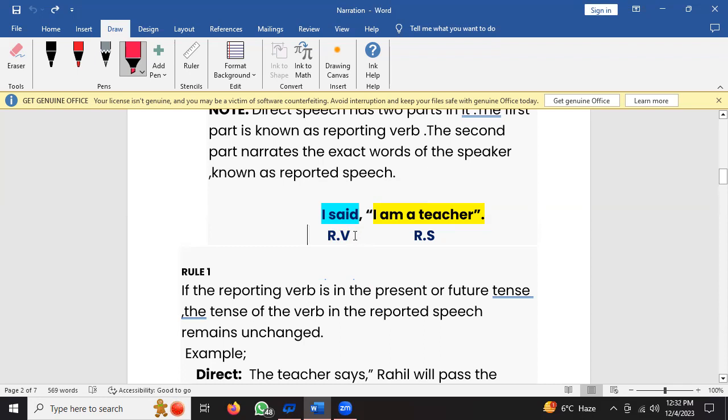Now, one question to all of you. I said, what is the tense of the reporting verb? Sir, present. Sir, past. Exactly. This is past tense. I said is past. Can you tell me what is the present of said?